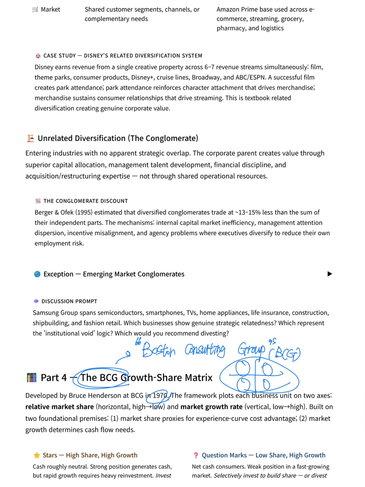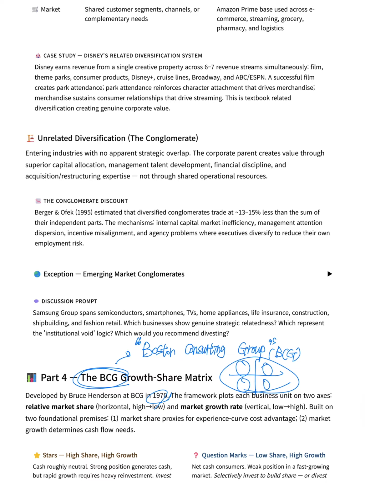Higher cumulative market share implies greater accumulated production experience, which implies a lower cost structure. And second, the cash flow characteristics of a business unit are determined by the growth rate of its market. High growth markets require heavy reinvestment to maintain position. Low growth markets generate surplus cash that can be harvested and redistributed as well.